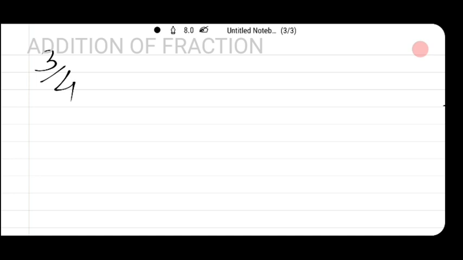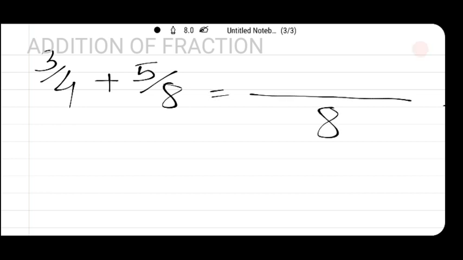3 upon 4 plus 5 upon 8. Here we have to take the LCM of 4 and 8 which is 8. Here is a tip. If both the numbers lies in same table, then the greater number is the LCM. Here 4 and 8 lies in same table, so the LCM is 8. मतलब दोनों ही अगर एक ही टेबल पे आएगा तो बड़ा वाला नंबर LCM होगा.